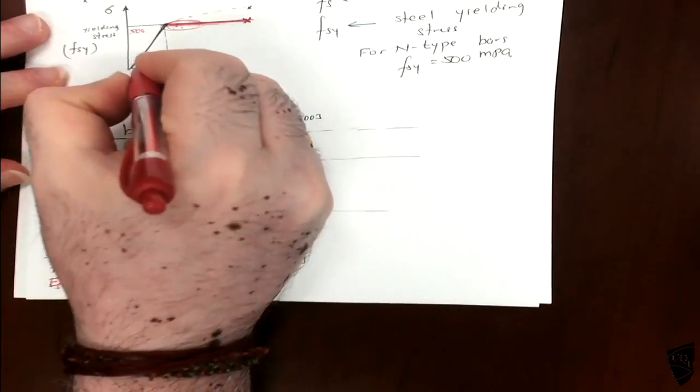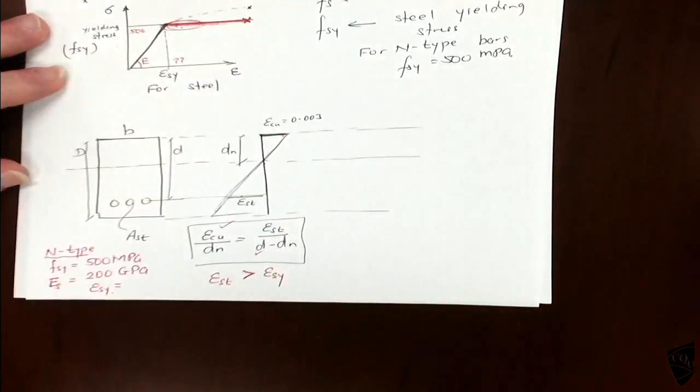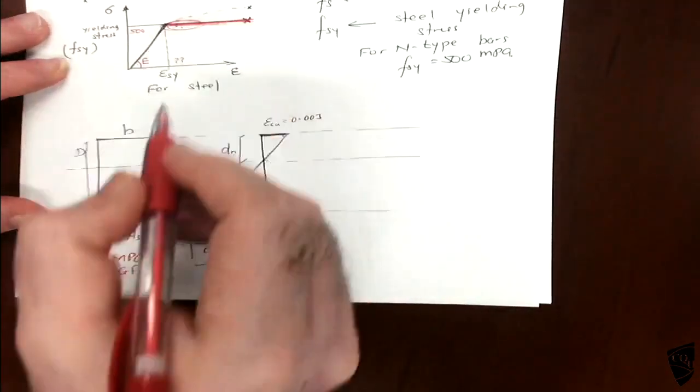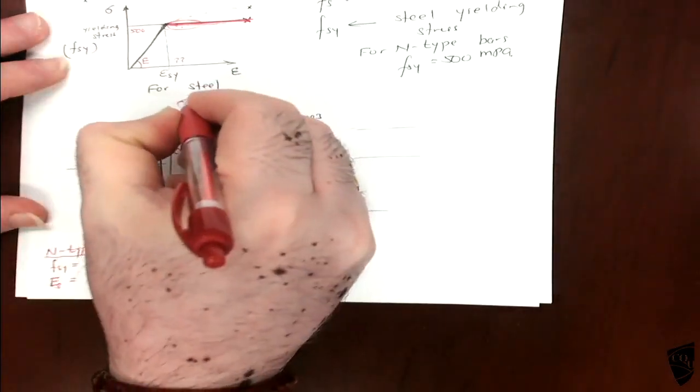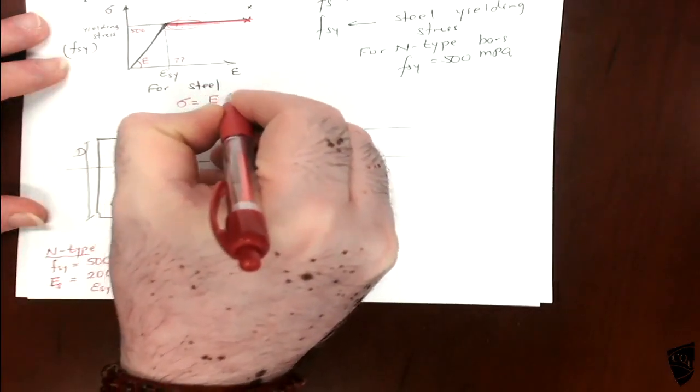The slope is the E value, isn't it? Young's modulus, according to Hooke's law in the elastic region, E is equal to stress divided by strain. Have you studied Hooke's law?